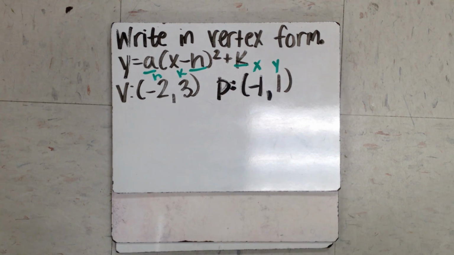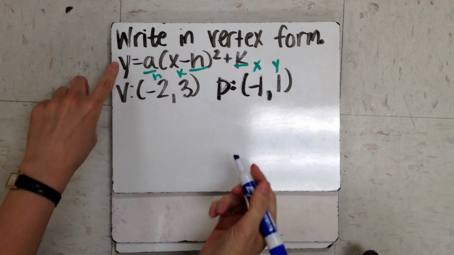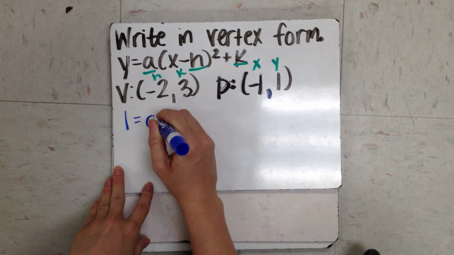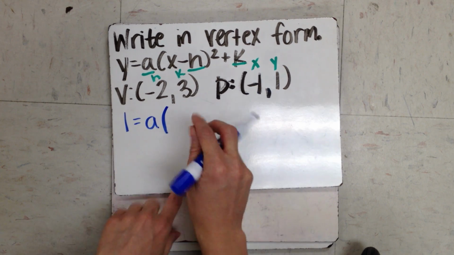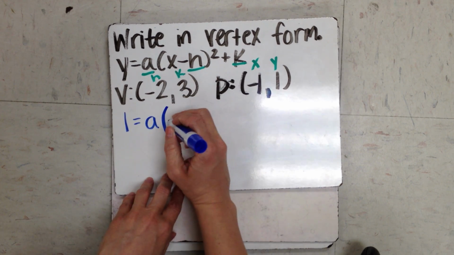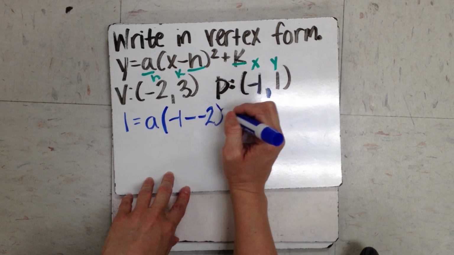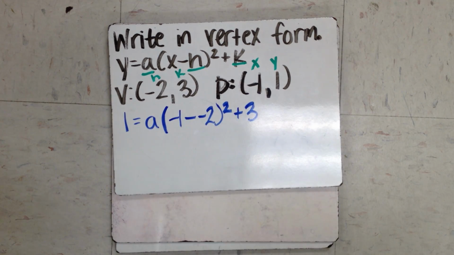Keep in mind, labeling the points gives you a clear map of where you're substituting in what values. So y, which we identified as 1, equals a, the variable we're solving for, open parentheses, x, which is -1, minus h, which is -2, squared, then plus our k value of 3.